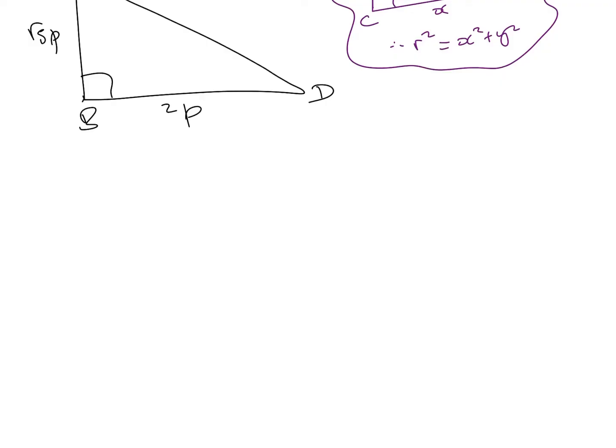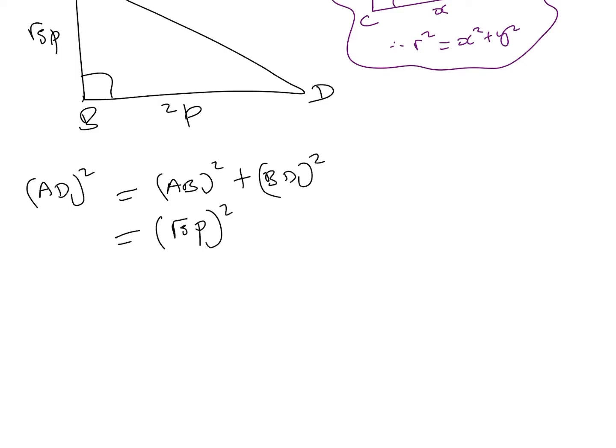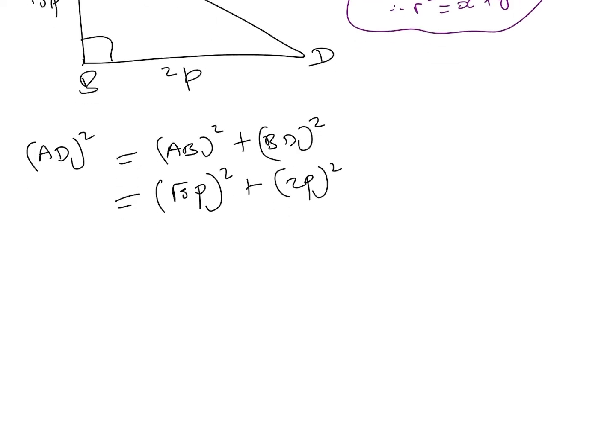We don't know the distance of AD, and that's what we are looking for. But we know that AD squared is equal to AB squared plus BD squared, and we know AB is square root of 5p and BD is 2p.